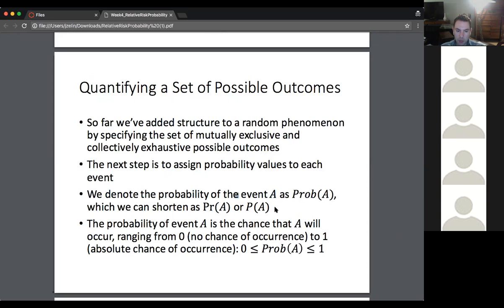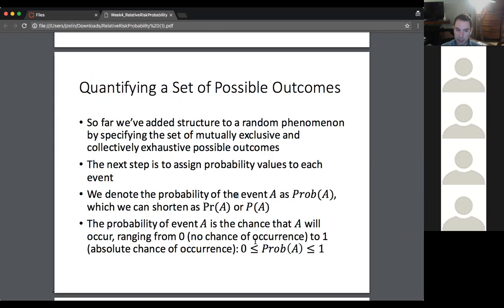These are just shorthand abbreviations for describing this probability. Now, when we assign a probability value to this event, it will be a number between 0 and 1 inclusive, meaning that it can be a number between 0 and 1, but it can also be 0 or 1. The way we understand this is that 1 is a 100% likelihood of the event occurring.